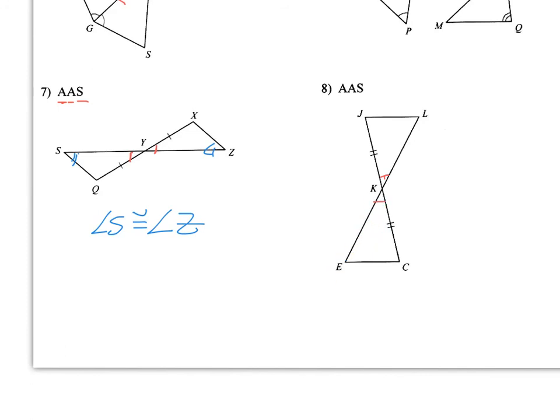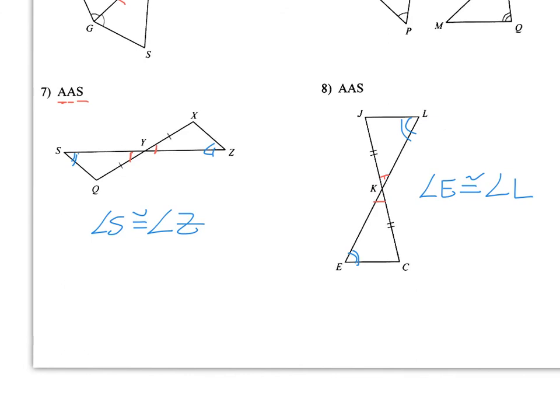So I need E. I need E congruent to what? Well, let's go in the upper triangle. Angle L, angle, angle, side. So I need to know angle L. So I need angle E congruent to angle L.